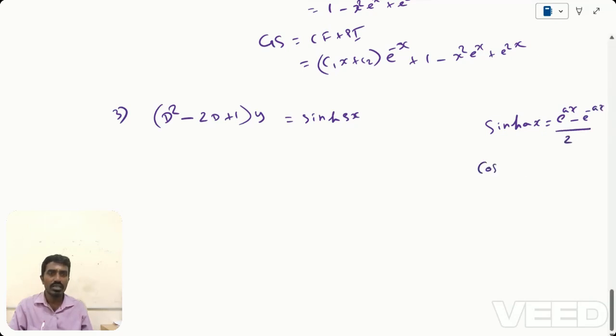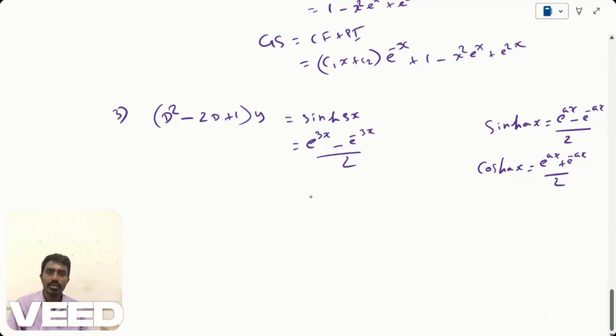Similarly, cosh ax can be written as (e power ax plus e power minus ax) by 2. So sinh 3x can be written as, here a is 3, so (e power 3x minus e power minus 3x) by 2. So once again, this is of type 1 only because it is an exponential function.